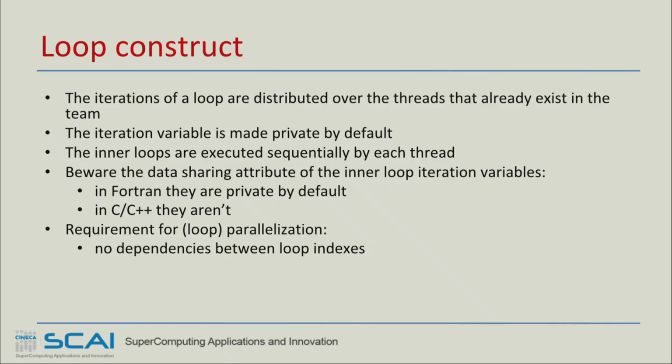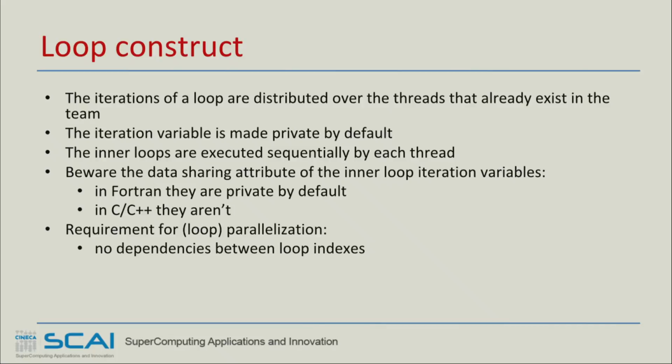The loop construct is the most useful because in a very large number of cases, the hotspots of the applications are based on loops. So the most intuitive and straightforward approach is to try to make the loops parallel.